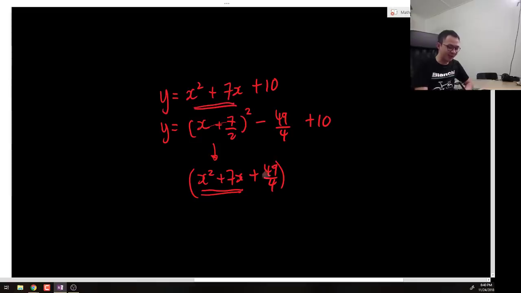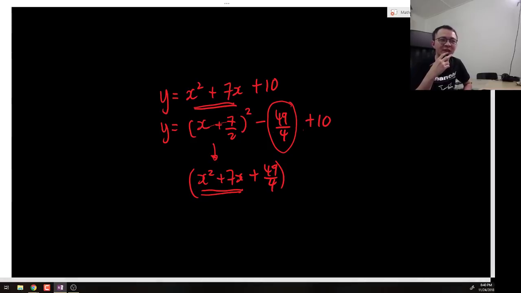But this term is actually one I added myself in order to make the square. So whatever value I add, I need to minus back the same value. And this value is always this number squared. And this sign is always minus. There's no chance you get plus. Alright, so this is what happened. I do the minus 49/4. A lot of students are very confused. And then you solve this, then you get the final answer. Alright, this is how we complete the square.